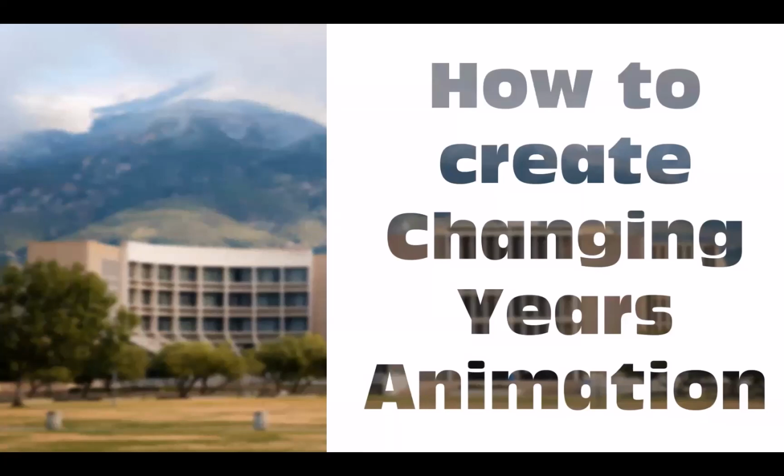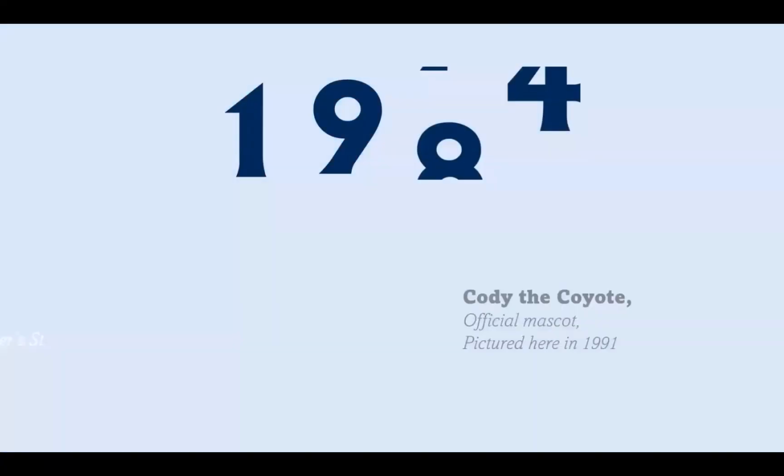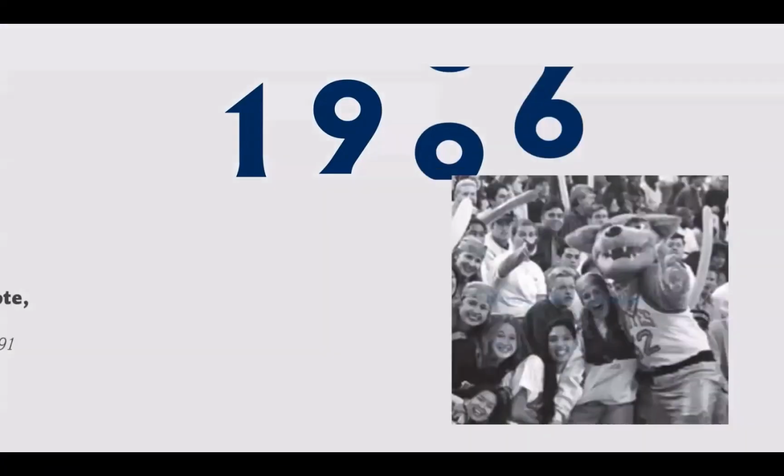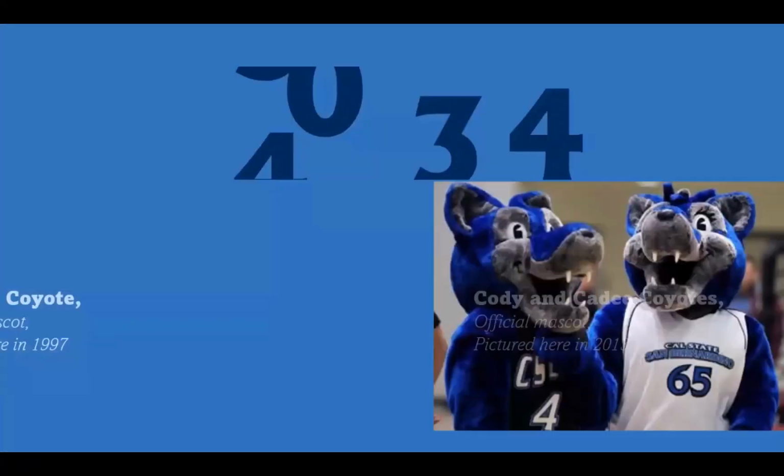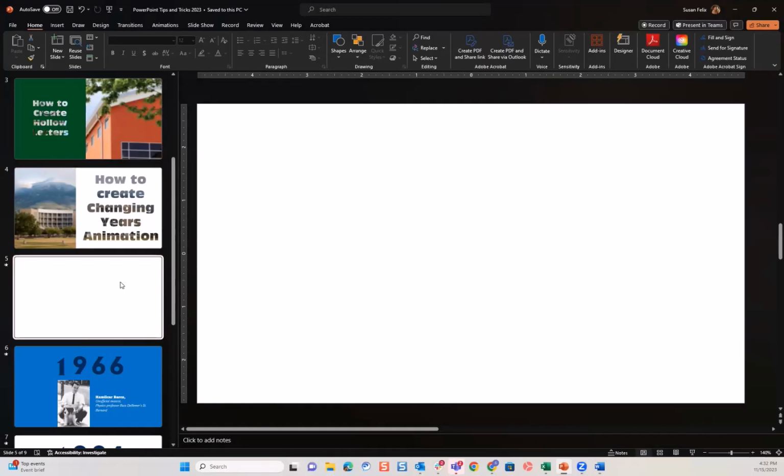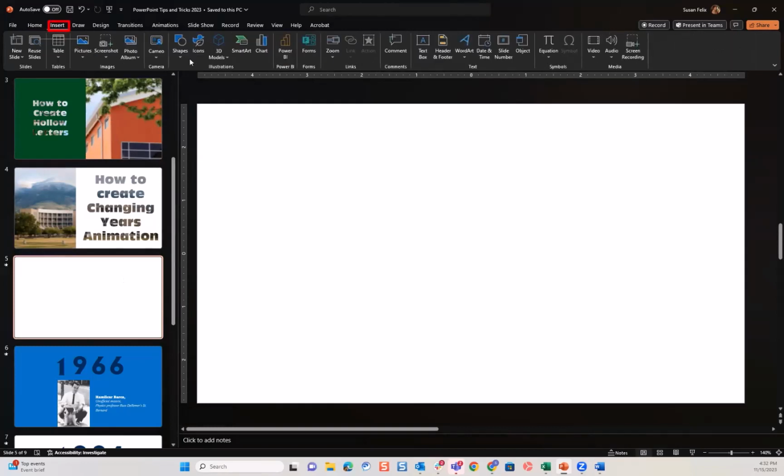The next tip I will be showing you guys how to do is how to create the changing years animation, which looks like this. To get started with this tip, on a new slide, we're going to go ahead and insert a rectangle.